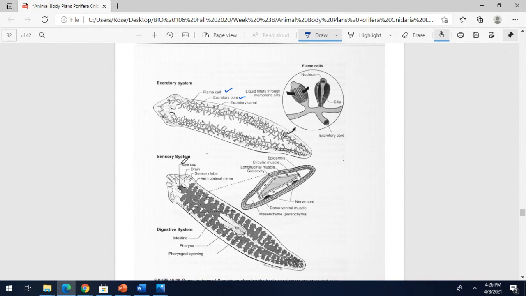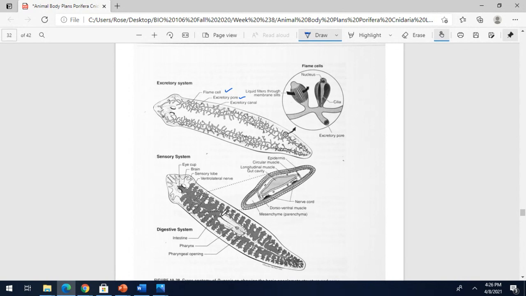Now the sensory system: you have the eyes, the eye cup and all that, and a brain area. And now the digestive system, which is like a blind gut. You have the pharyngeal area, which has an opening. The dark areas that look like ink blots are the digestive system.